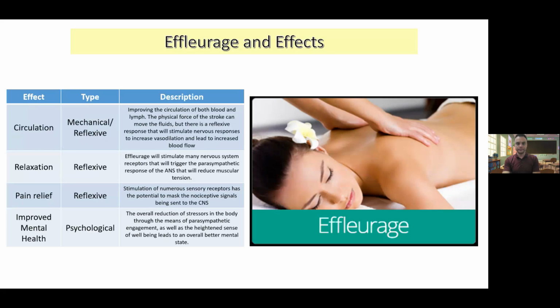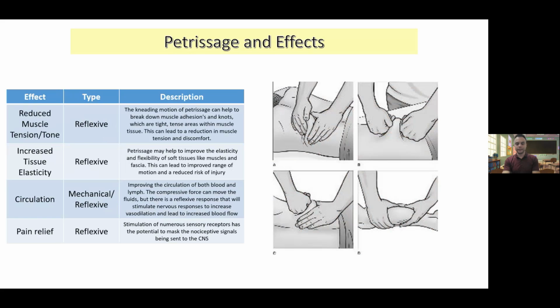Now, what we might see is that a lot of those other benefits continue on through the rest of the techniques. So, for instance, relaxation, pain relief, stuff like that is usually pretty unanimous amongst all of our techniques. But taking a look at Petrissage, one of the main benefits is that we can reduce muscle tone and muscle tension with it.